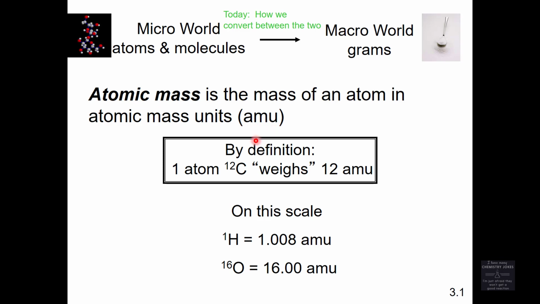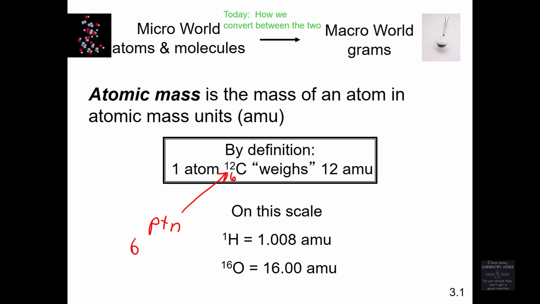So if you remember, the last thing we talked about was writing elements like this, where this number up top is known as the mass number. That's the atomic mass number. Remember, we said that number is composed of protons plus neutrons. So carbon is element number 6.